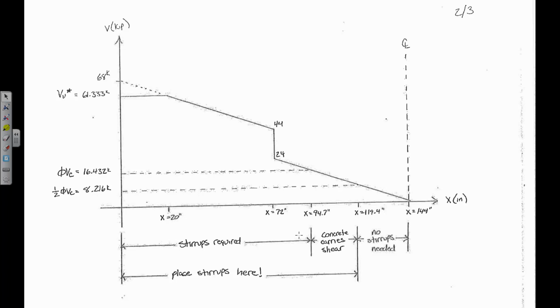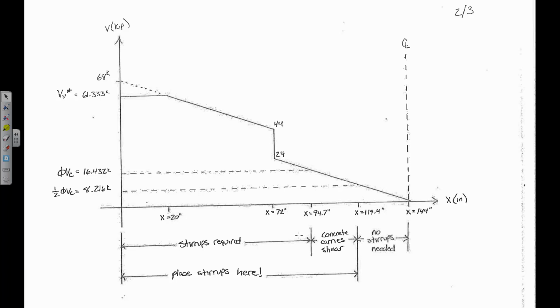And where that crosses right there, that's x equals 144 inches. Why is it x equals 144 inches? How long is the beam? No, it's 24 feet, so half of it's 12 feet. And 12 feet, so yeah. Okay. So we need to place stirrups anywhere between x equals 0 and x equals 119.4 inches. Sound good? Okay. I just wanted that up there so that we would be able to reference it as we go through the example.